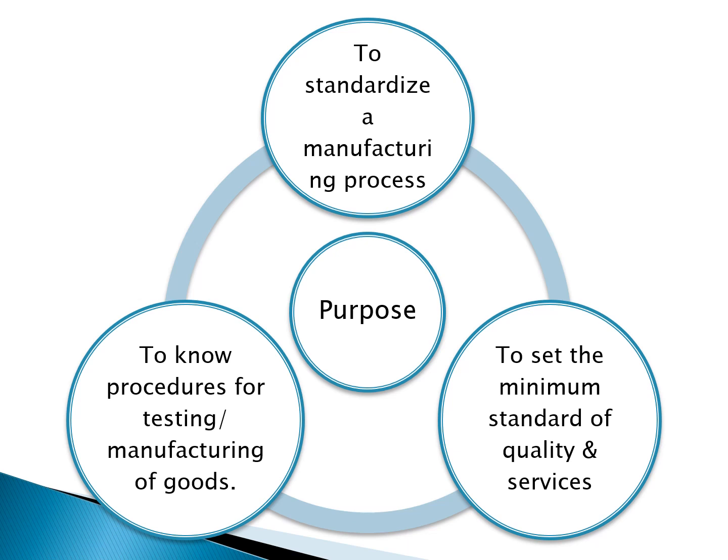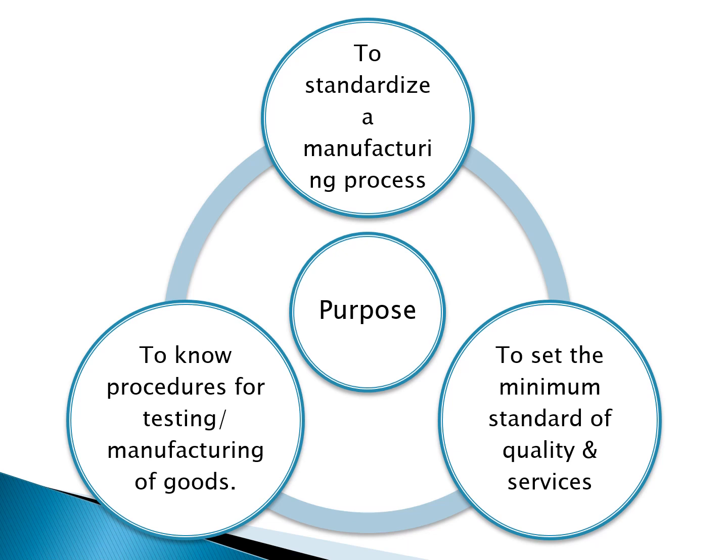As you can see from this slide, these are the three purposes of standard. The first one is to standardize, meaning that you will get the uniformity, kesamaan, for each of the manufacturing processes. Then by having the standard class, it will set the quality and the services for each manufacturing process or manufacturer.